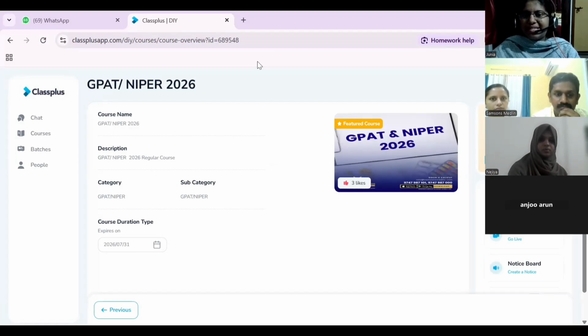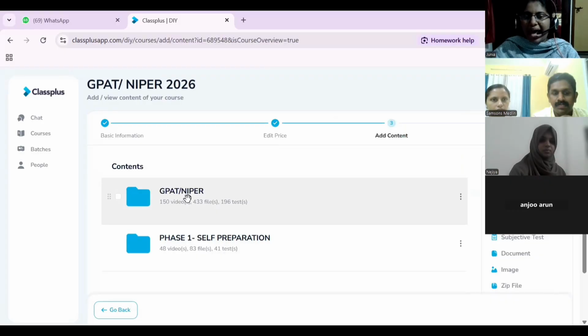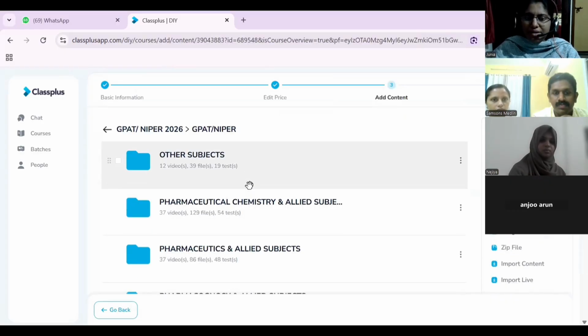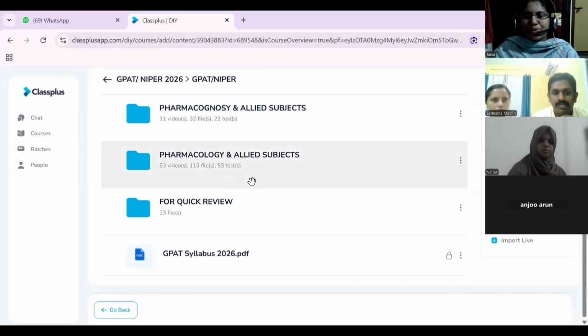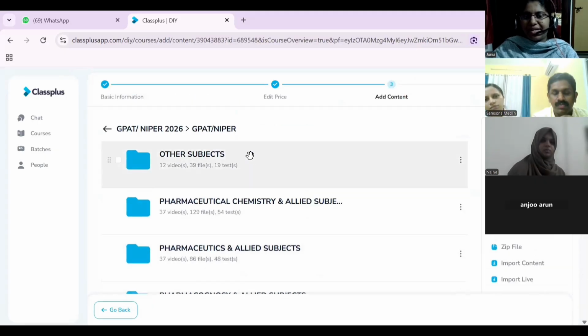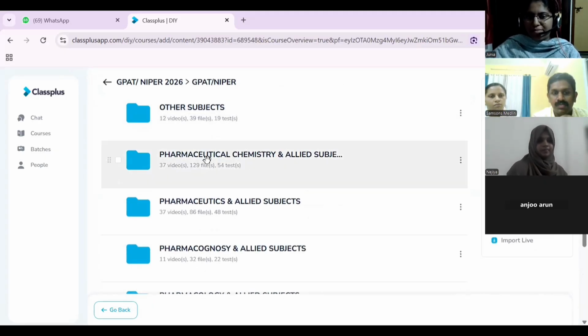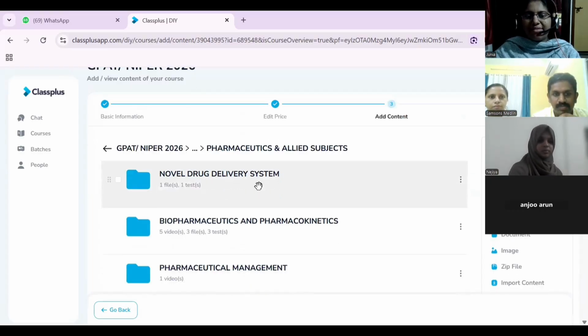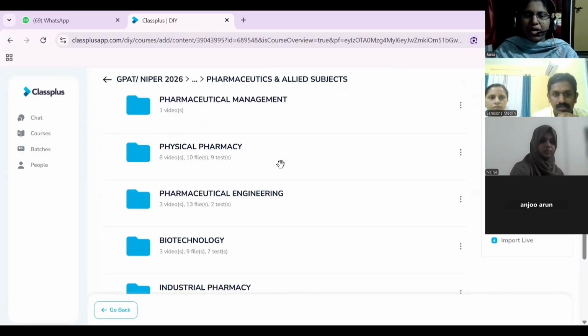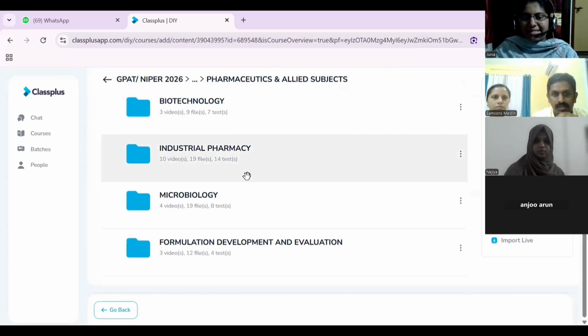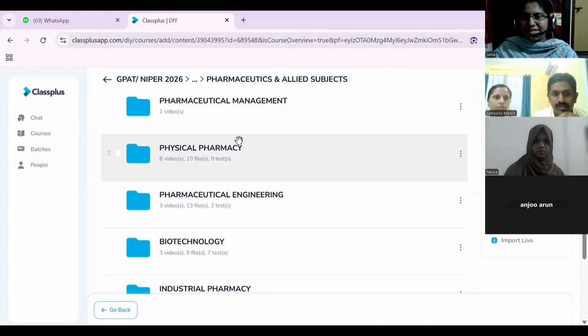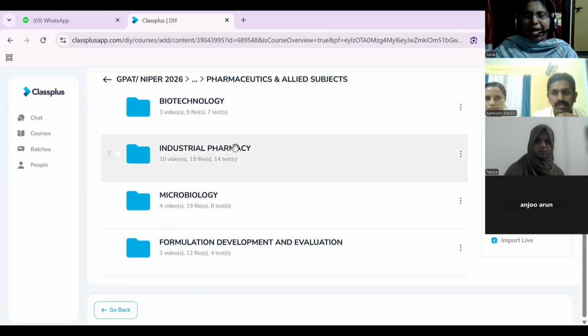This is how the course will appear to you. Under the content, you will have the GPAT NIPER course. All the study materials required for each subject will be categorized within these folders, like pharmaceutics and allied subjects, pharmaceutical chemistry and allied subjects. These have sub-subjects, and all the sub-subjects which the teachers have just shown you are included in these folders.